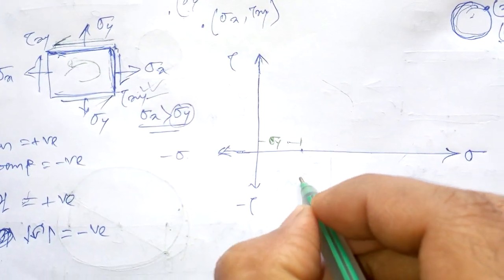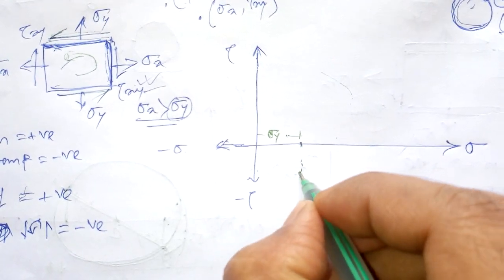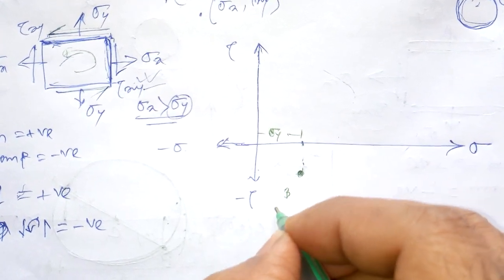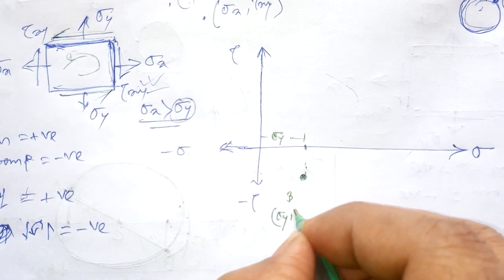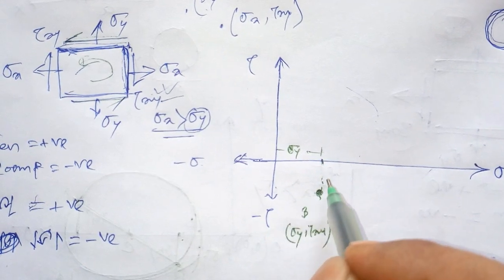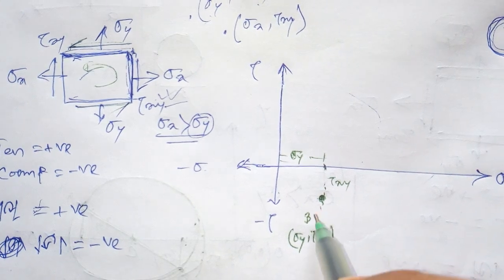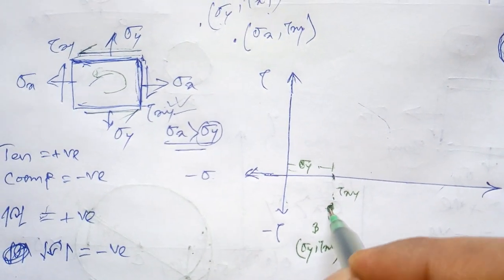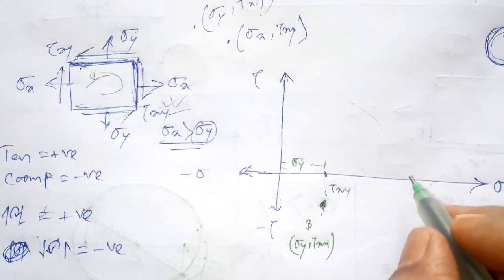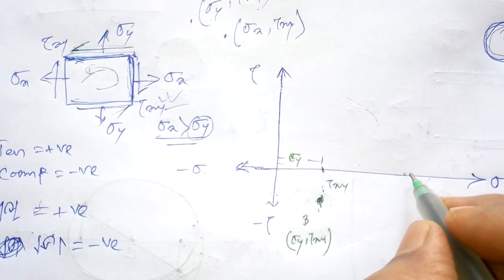So we get a point, suppose B, which is having sigma y and tau xy coordinate. This B point is the point which is indicating the stress condition of the horizontal section.